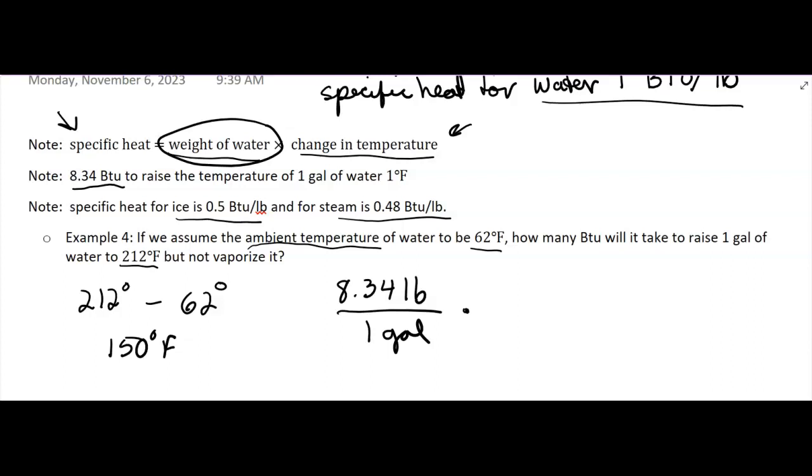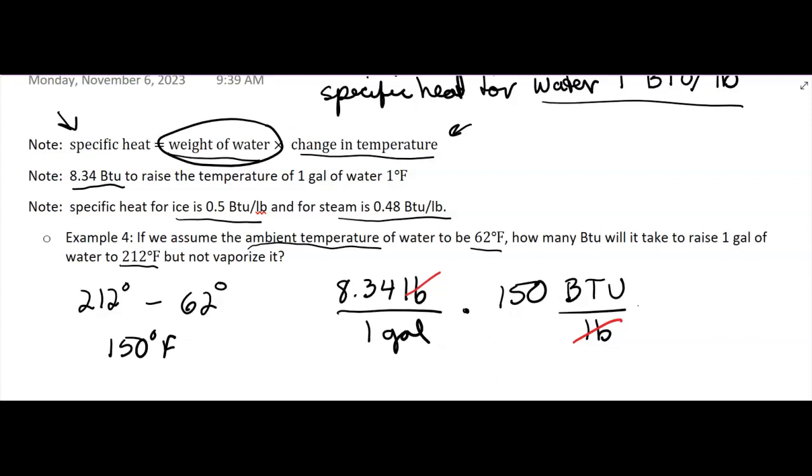Our change in temperature is 150, and then this is going to be BTU per pound, because it's 1 BTU per pound to raise it 1 degree. So if we're raising it 150 degrees, we're going to have to go 150 times that. If you look at the units, the pounds cancel, and we're going to have our answer in BTU per gallon, which is what we want.